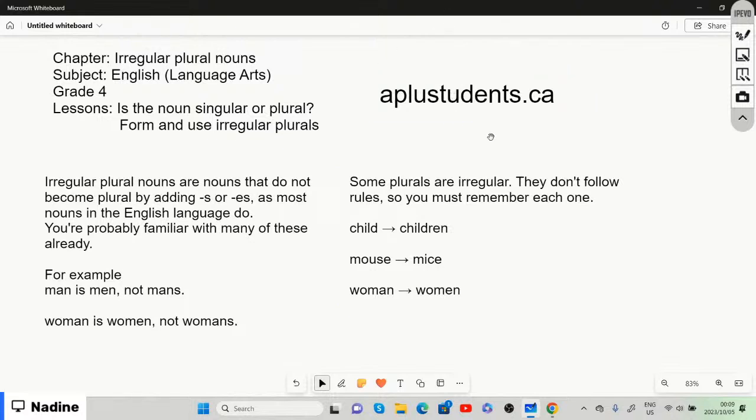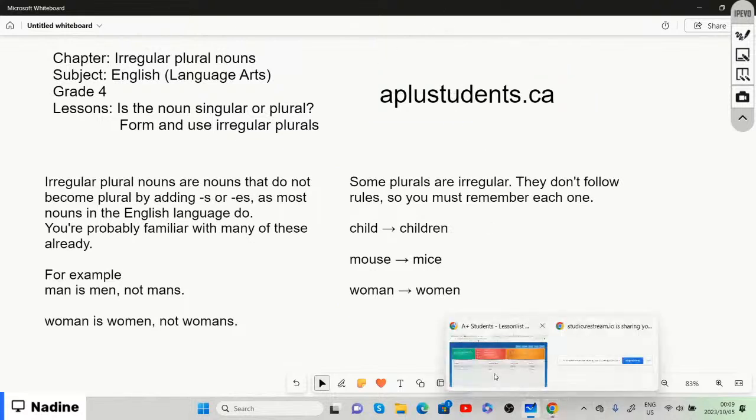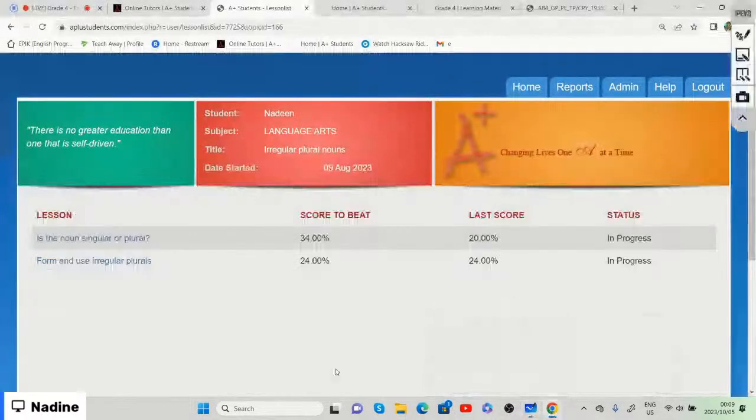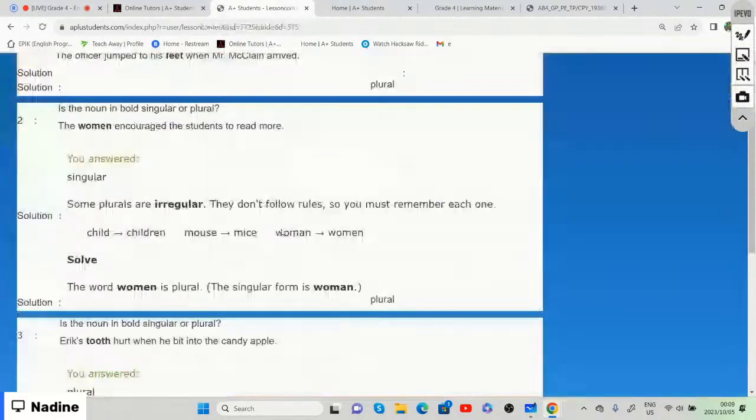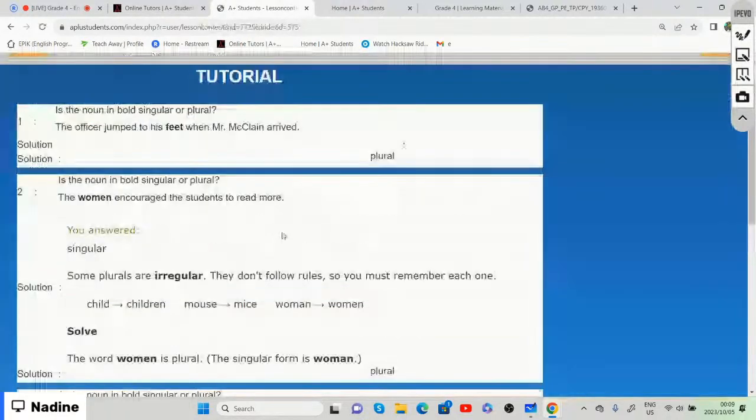All right, so now we're going to aplusstudents.ca, and we are going to our very first lesson, which is the noun singular or plural. So we see that some plurals are irregular, right?